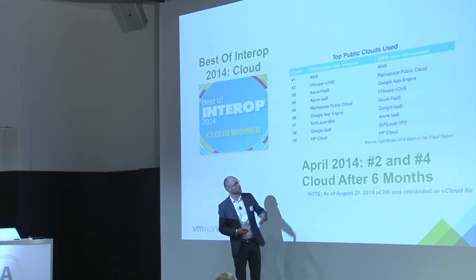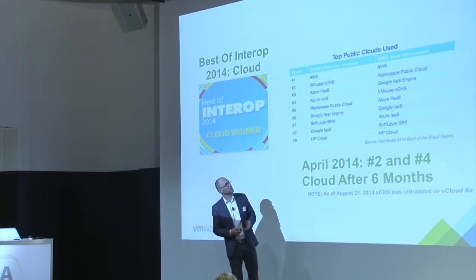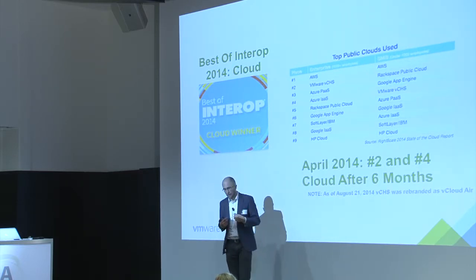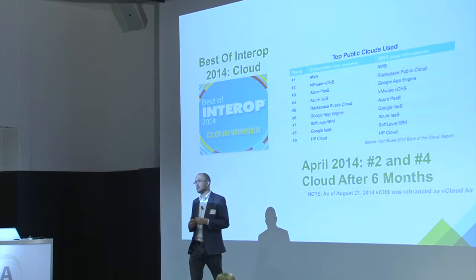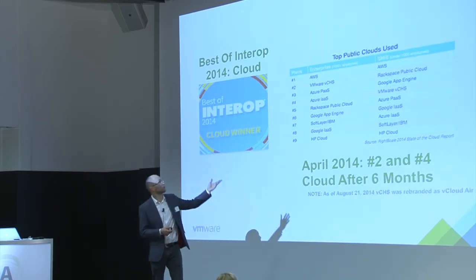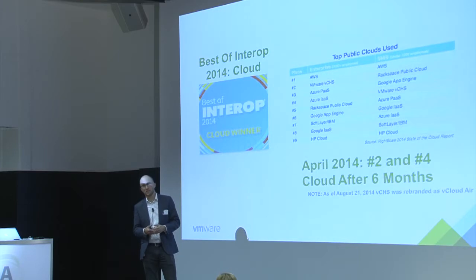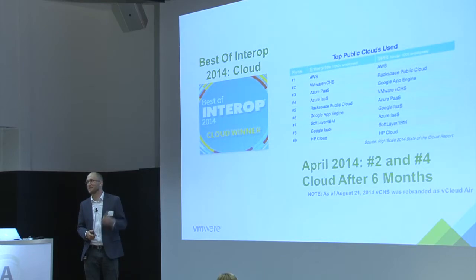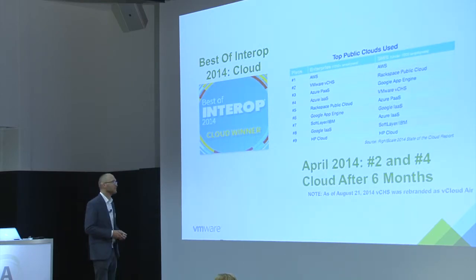But in April, this company called RightScale did a survey, and they surveyed which public clouds were actually being used by customers. And if you have a look here, you can see that VCHS, which is now VCloud Air, was actually the second most used by enterprises and the fourth most used by SMB customers. So in just a year, we've actually taken the second place. I think it will take more than a year to beat Amazon at being number one, but eventually we will get there.